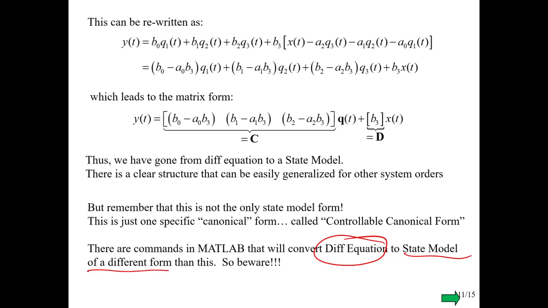So if somebody said, I have a command that will take this and give you a state model, you should ask yourself, what state model? Turns out it's not the controllable canonical form. I think it's the observable canonical form that it gives. So beware. Don't use this MATLAB command to get the controllable canonical form that we're going to be using in this course.